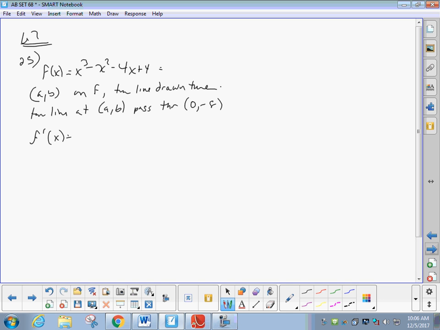The derivative is 3x squared minus 2x minus 4, and at a is 3a squared minus 2a minus 4. Okay, I agree. That seems like good stuff. What else do we do?